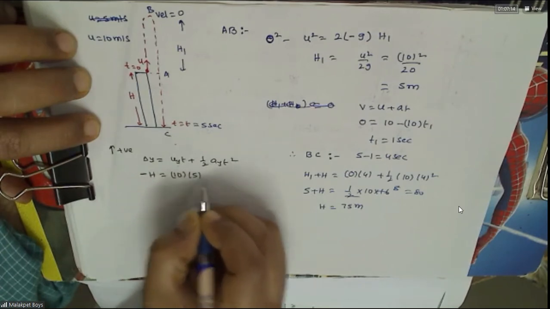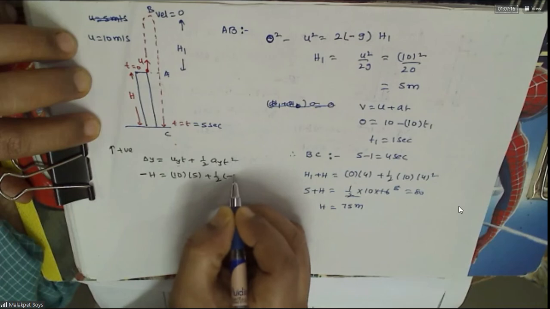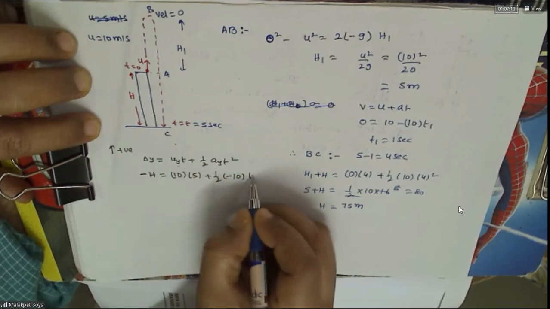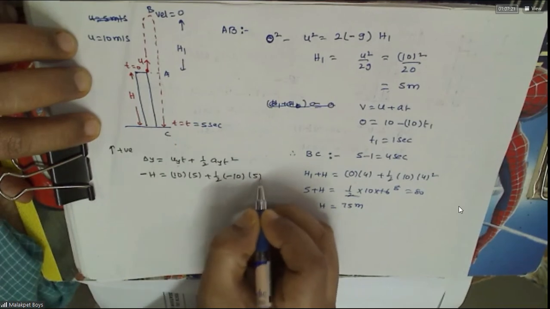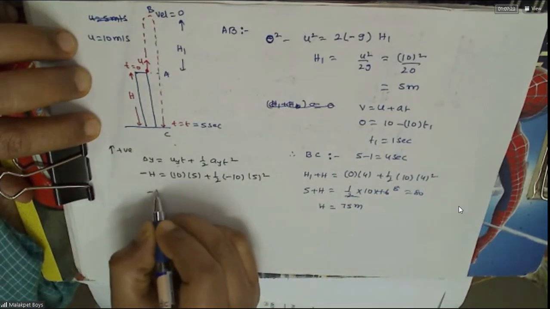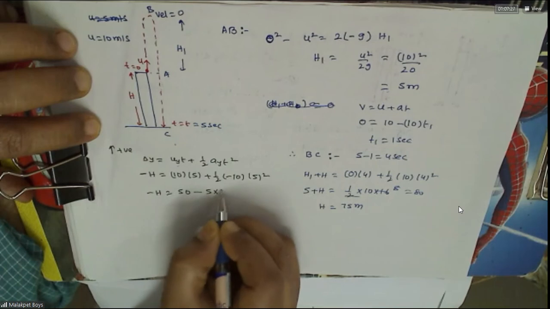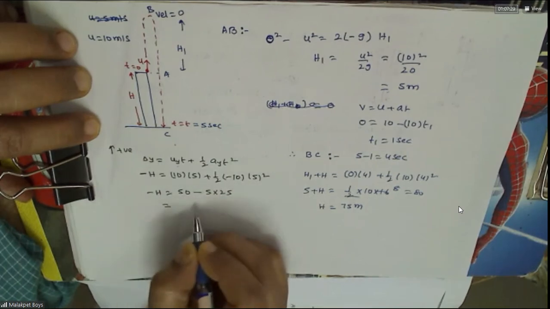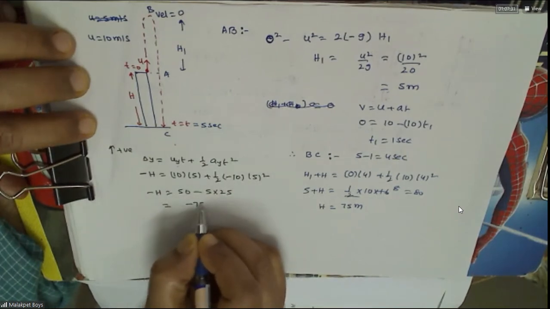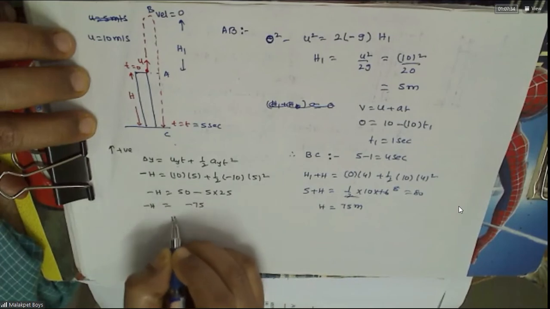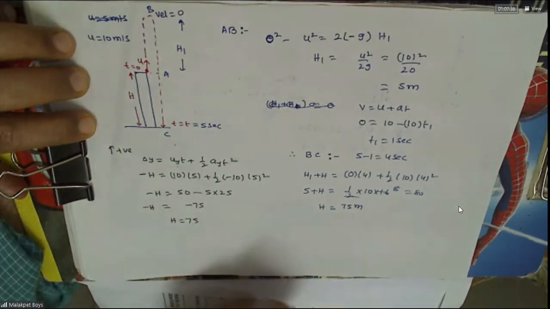The time is 5. Half minus g into 5 square. So you will get minus h equals 50 minus 5 into 25. How much does it come to? Minus 75 is minus h. What is h? 75.